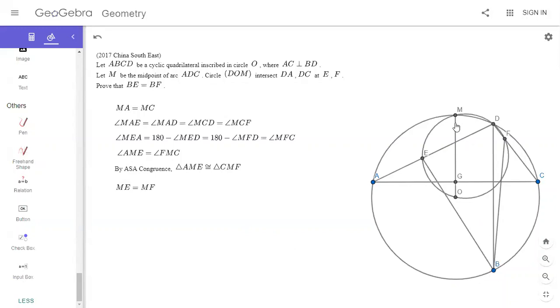So MFE. So EMF is the same as AMC. Let's see.